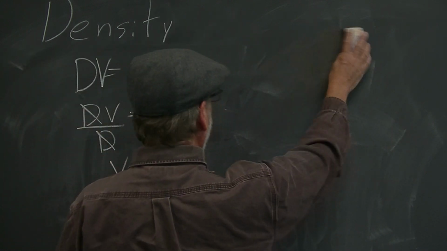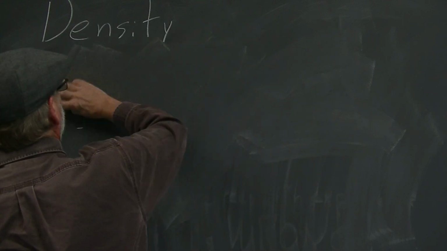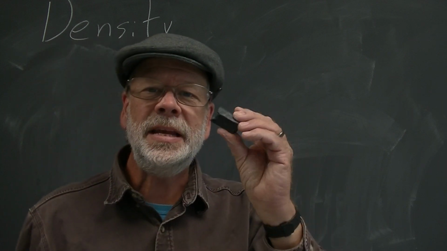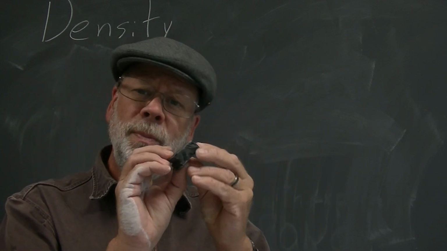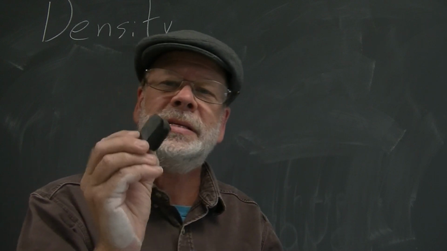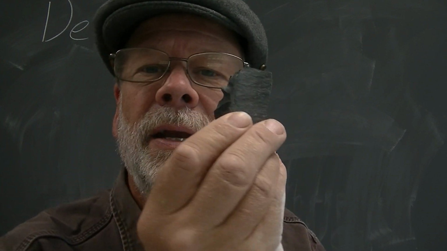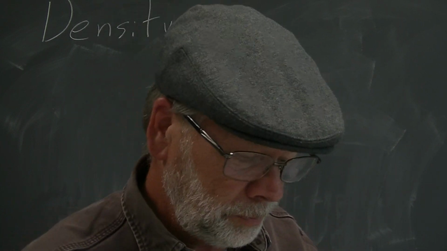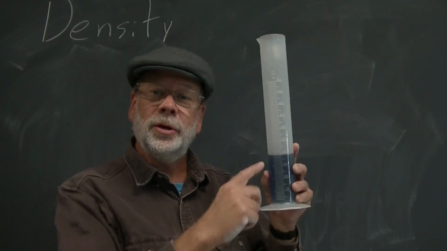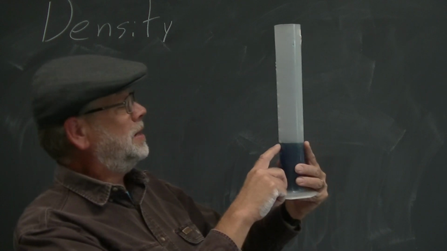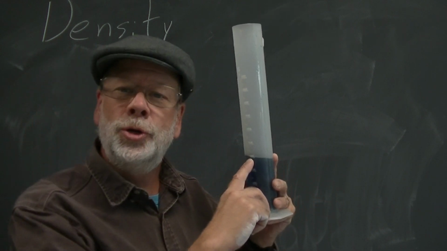I want to do a fairly challenging example. What if you wanted to find the density of this? This is a piece of shale. We'll be studying this. What's the density of it? And you can see it's an irregular solid, so I can't just measure it like a cube. That won't work. What I can do is take a graduated cylinder, fill it with a volume of water, and if I know the volume of water, and in this case, it's exactly 200 milliliters.